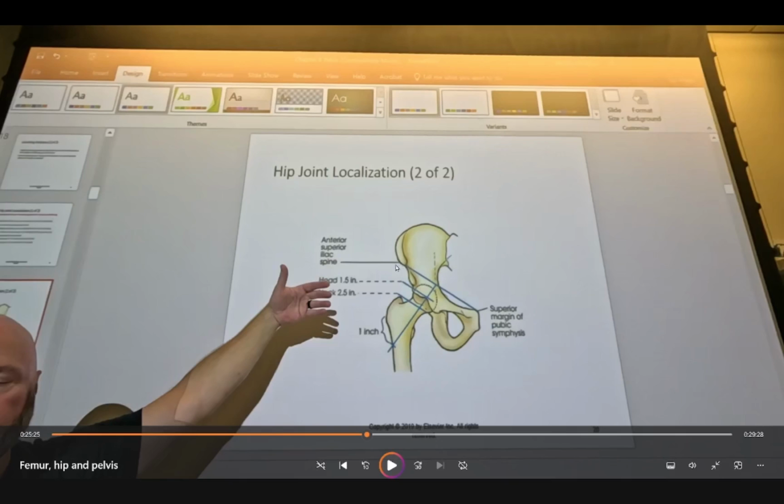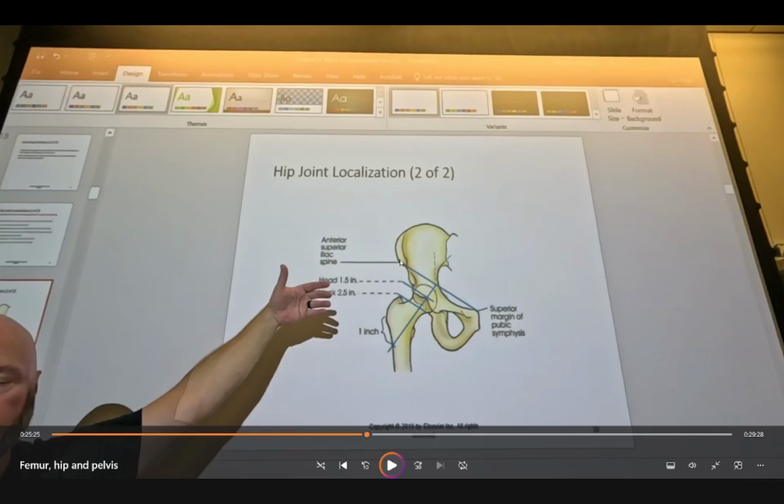What I tell my students is the easiest way to get a good hip or femur is to make sure that you have a patient on the table straight, and then put the longitudinal line of collimation coming straight down from the ASIS, and directly below that, what you're going to find is the femur.